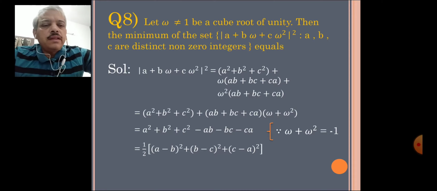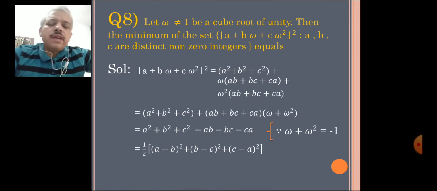Now we have to find the minimum value of this expression. This value will be minimum when a minus b whole square, b minus c whole square and c minus a whole square will be minimum, and it will be when a, b and c are consecutive integers. Let us take a is equal to 1, b is equal to 2 and c is equal to 3, then we will get the minimum value.